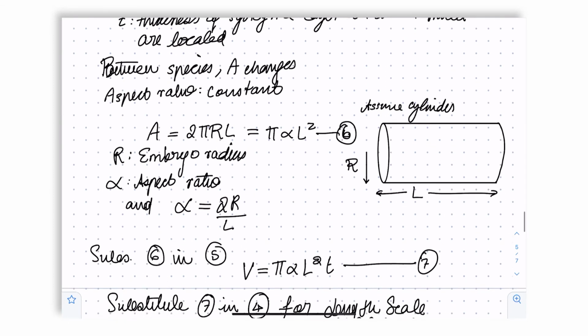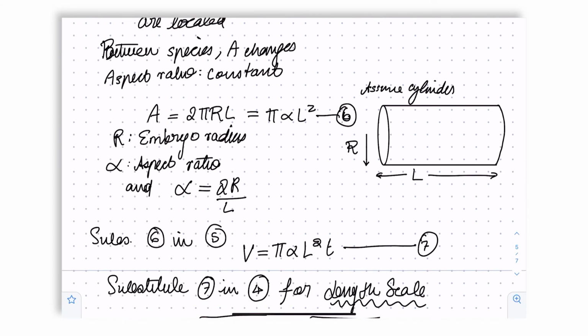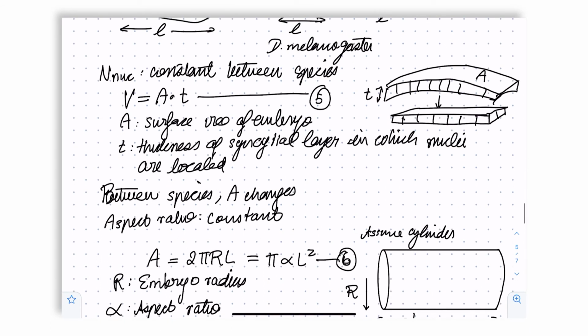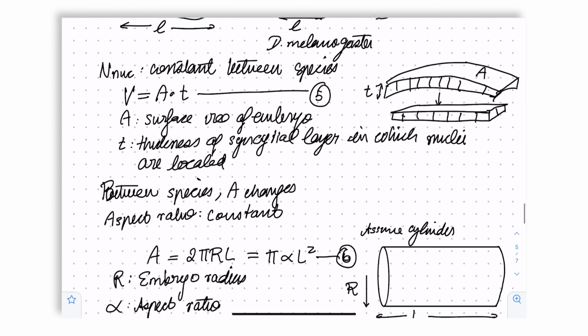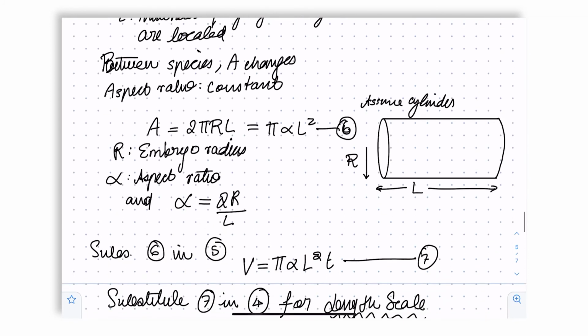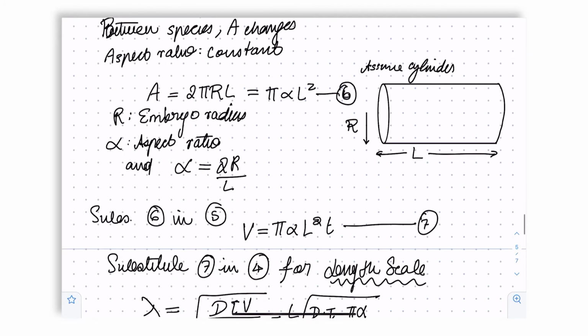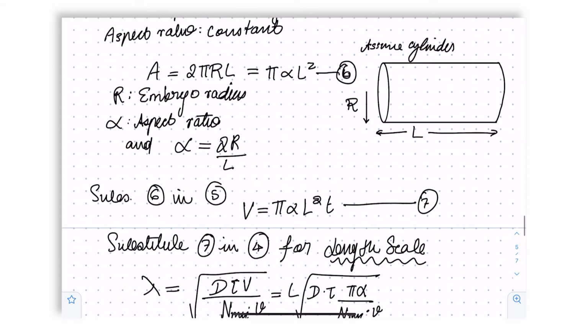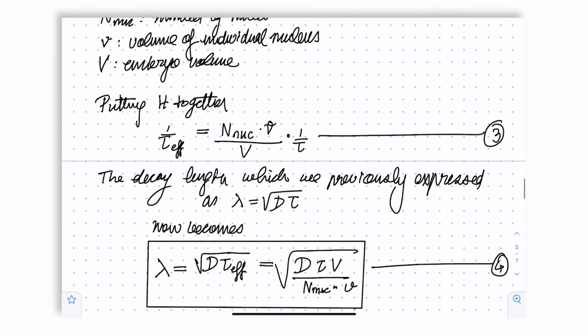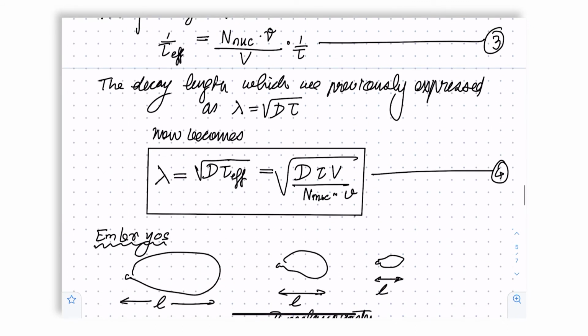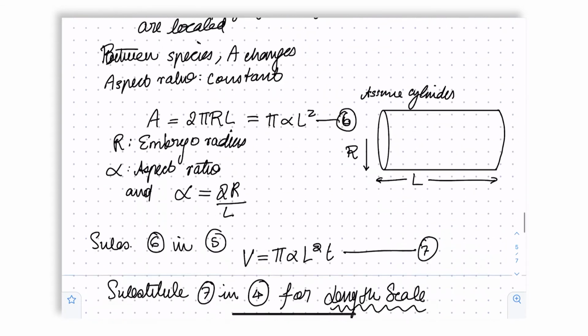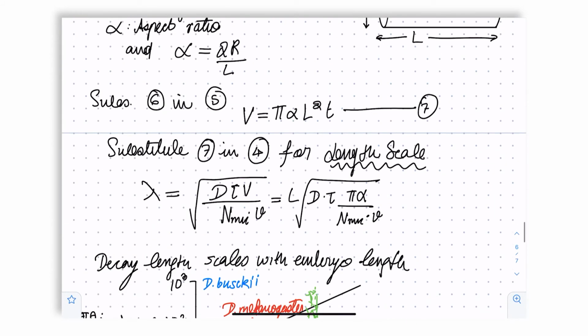Okay, so substituting this equation in 5, which was the volume term, that is V is A times T, the thickness, we get V is equal to pi alpha L squared times T. And now substituting the 7 in 4, which is the expression of lambda, the scaling length, with the number of nuclei and the volume of the cell and the nucleus, we end up with something that looks like this.